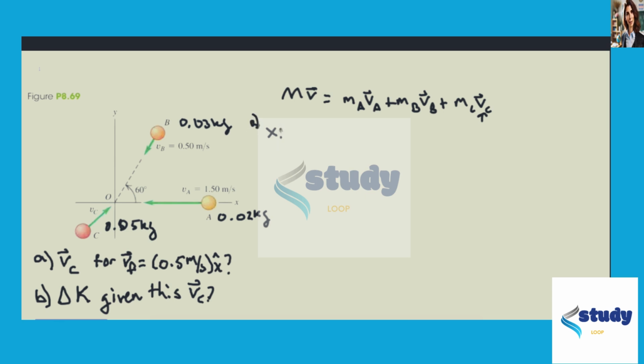So let's do x first. This is a colon. So VCX is going to be equal to 1 over MC times MVX.